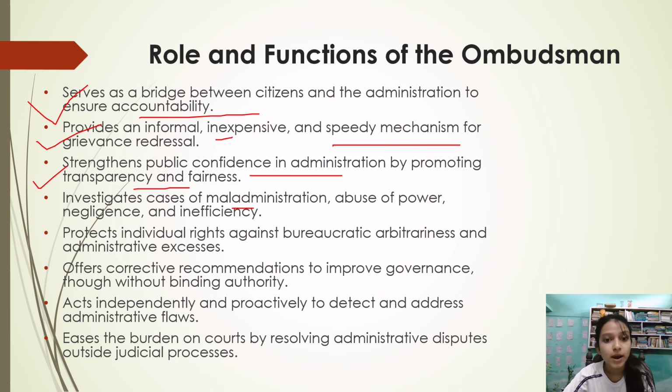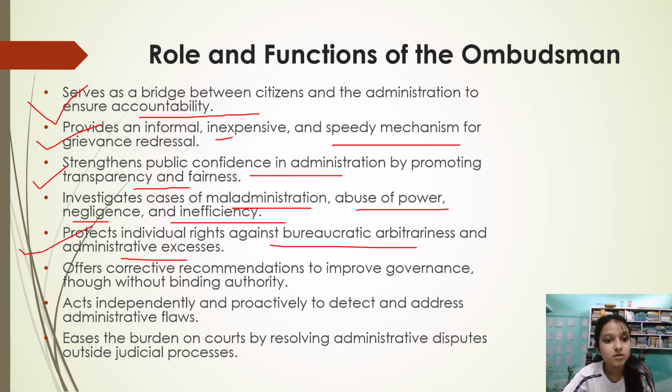It investigates cases of maladministration, abuse of power, negligence, and inefficiency. These are some of the key characteristics: you can opt for an ombudsman if you are seeing any kind of maladministration, abuse of power, negligence, or inefficiency happening in the administrative institution. It protects individuals' rights against bureaucratic arbitrariness and administrative excesses.